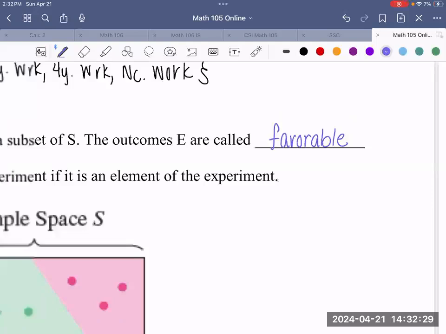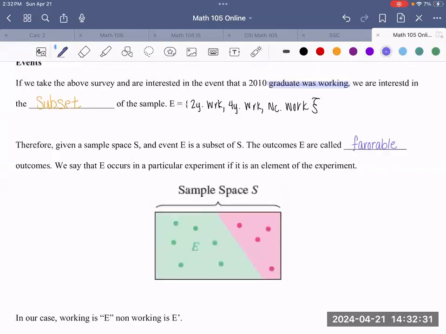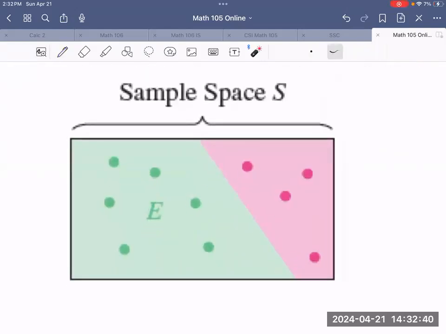We say that E occurs in a particular experiment if it's an element of the experiment. Let's say maybe it's a coin toss. 1, 2, 3, 4, 5, 6, 7, 8, 9, 10. We tossed our coin 10 times and observed a heads coming up. That is our favorable outcome. That's what we really wanted to happen.